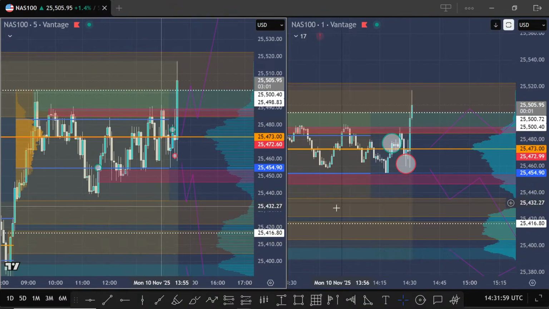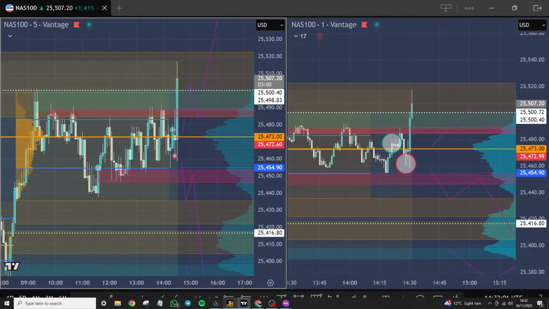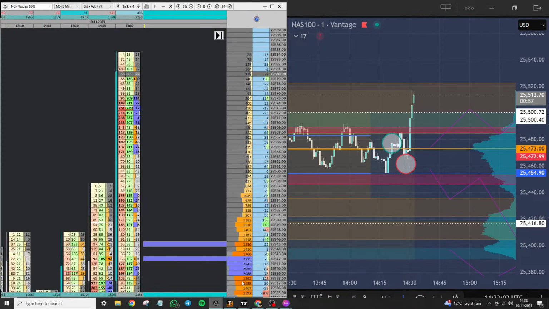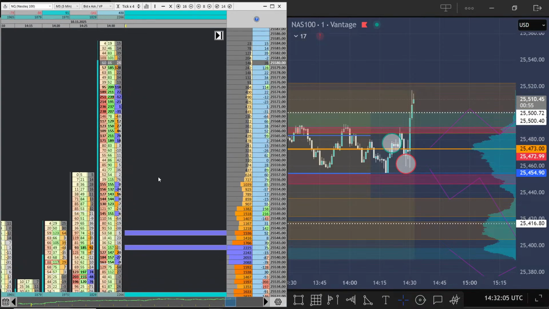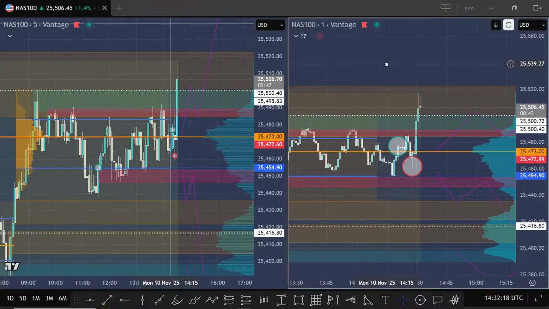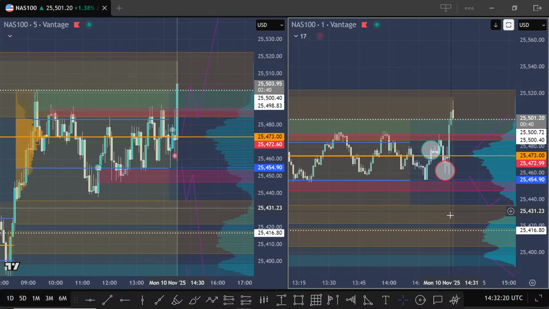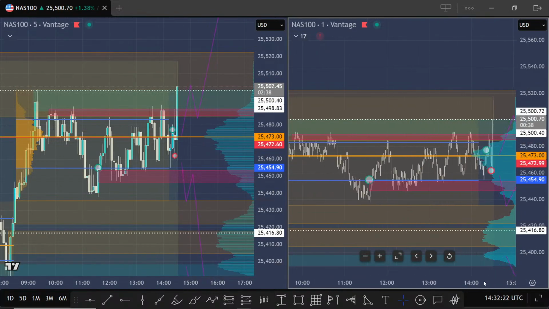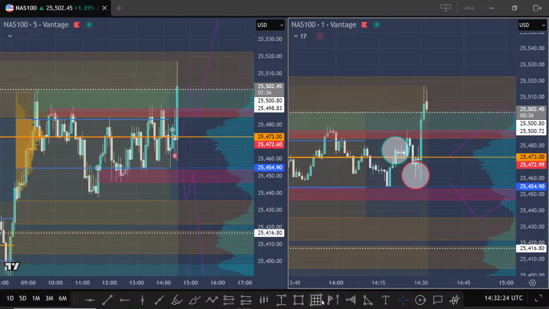So we've got a positive delta. Got a couple of big buys. Have we got a breakout?